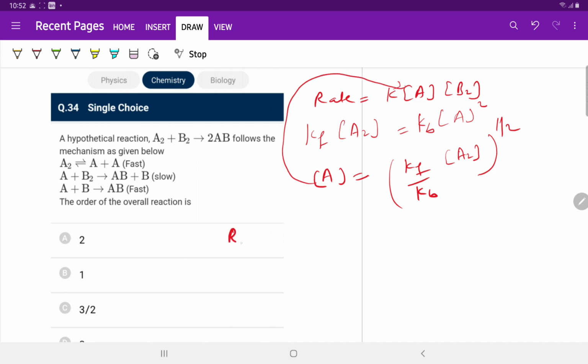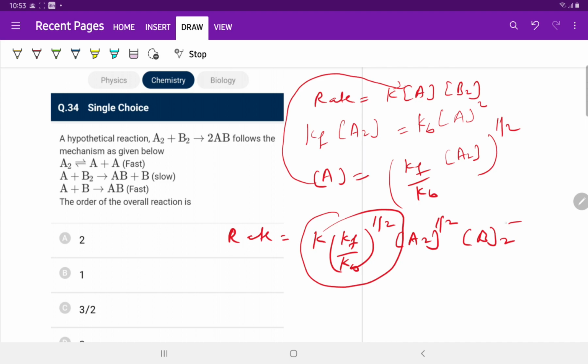So the rate is equal to K forward upon K backward to the power 1/2, A2 raised to power half, and B2. This is also constant. So overall order is 1 plus half, which is equal to 3/2. So option C is correct for question number 34.